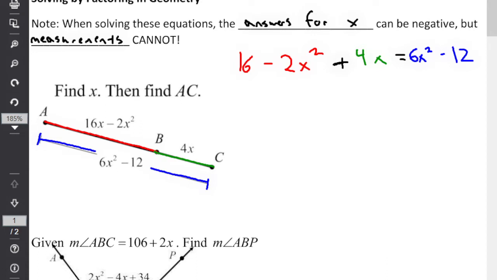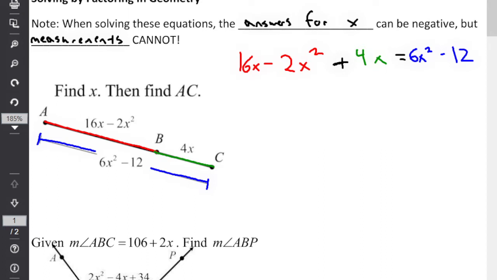So those are my pieces adding together to get the entire segment. Oh, 16x. Thank you. I just had a blind spot somehow.